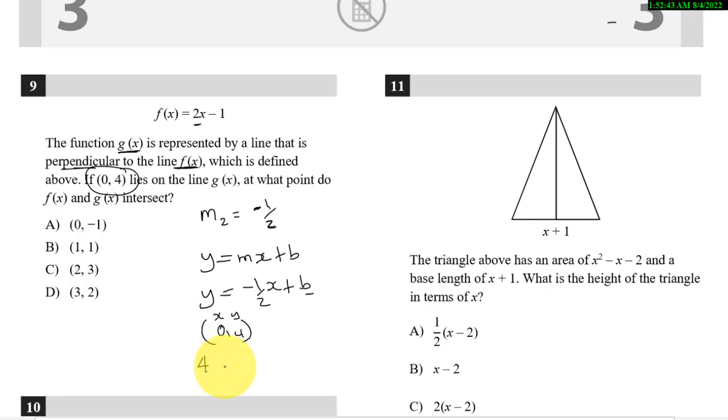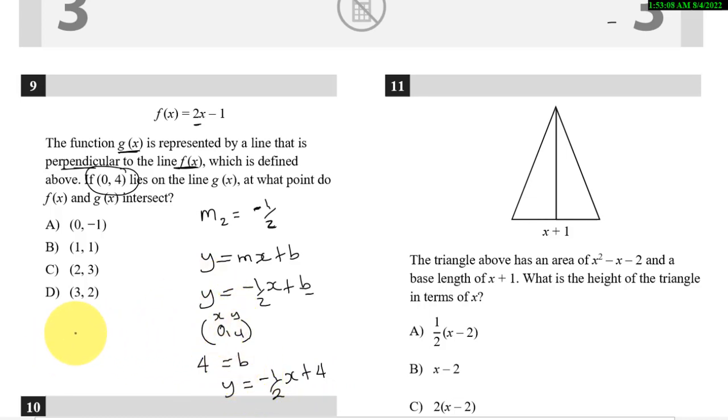So that leaves us with 4 is equal to b. So the value of b is equal to 4. So the line for the function g of x is given as y is equal to negative a half of x plus 4. Negative a half of x plus 4 is the function g of x.